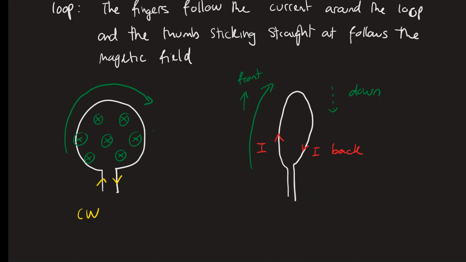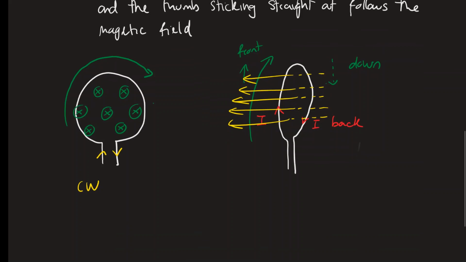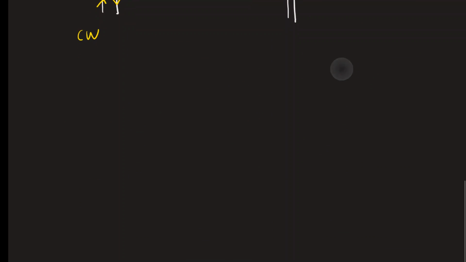If you go through and do that, you'll end up finding that your thumb has to point to the left, and that gives us the direction of the magnetic field. So the magnetic field will have to be pointed through like that to the left. Just complete those lines. Okay, so that's the right hand grip rule, and we're going to end up applying this when we consider Lenz's law below.